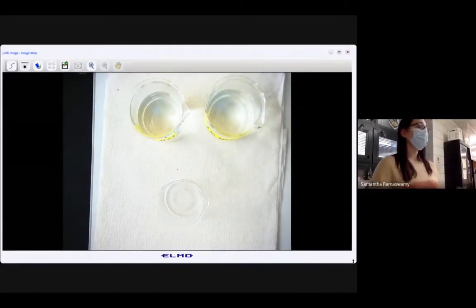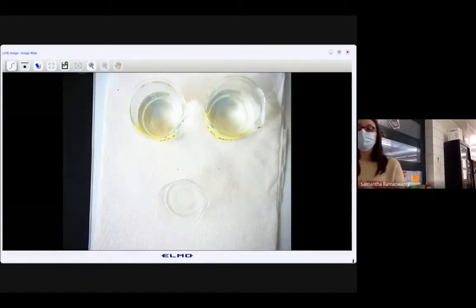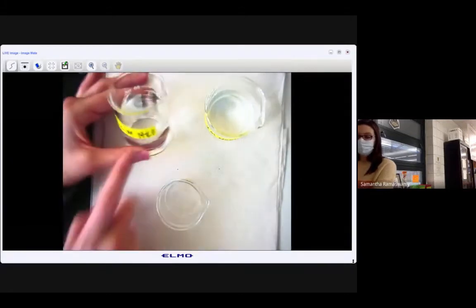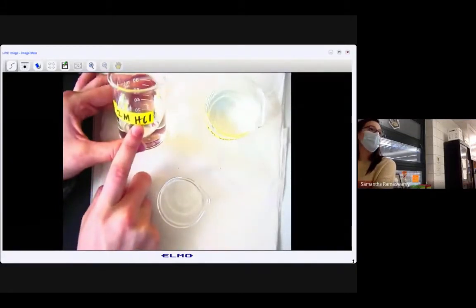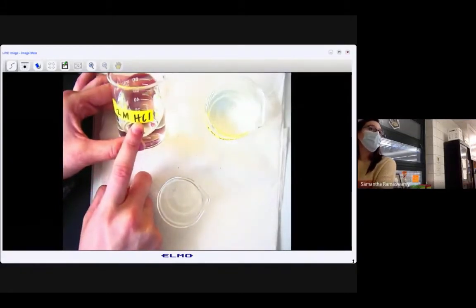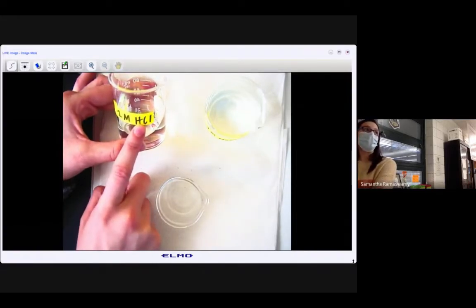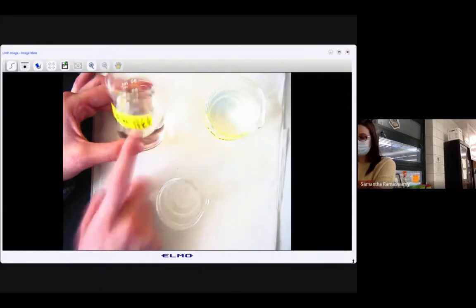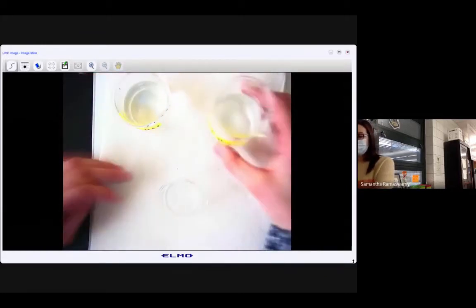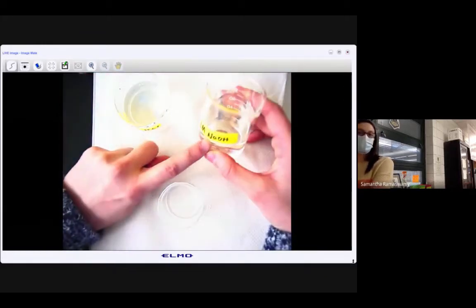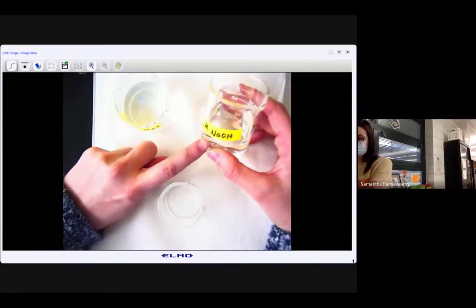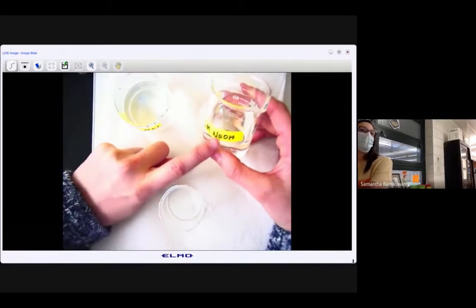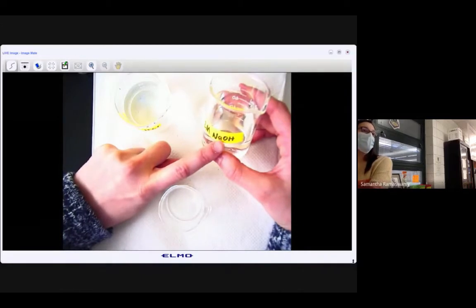Yes, if it's following the Arrhenius definition, an acid produces H plus in solution, so it has to start with an H. HCl follows the Arrhenius definition. It starts with an H, meaning it's going to produce H plus in solution. Now, sodium hydroxide, NaOH, I'm being very careful not to dump this on my fingers. It ends with hydroxide, ends with OH.